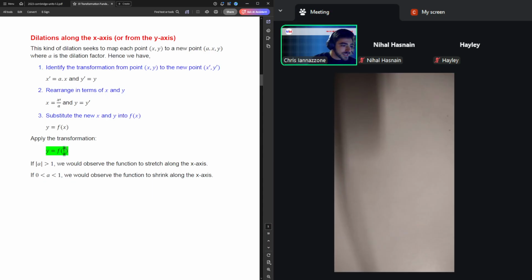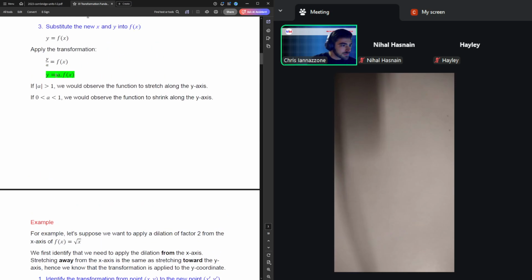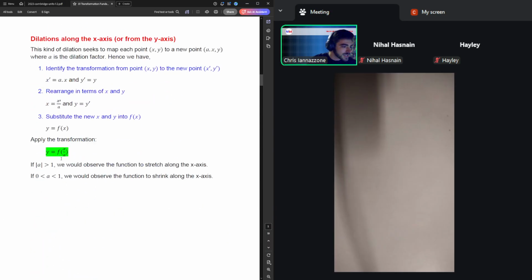So any f of x divided by a, whatever the divisor is, is the factor. Whereas in this case, it was a multiplier. Both of them were referring to the same thing, a dilation factor. But in this case, it was a multiplication, and in this case, it ended up being a division.